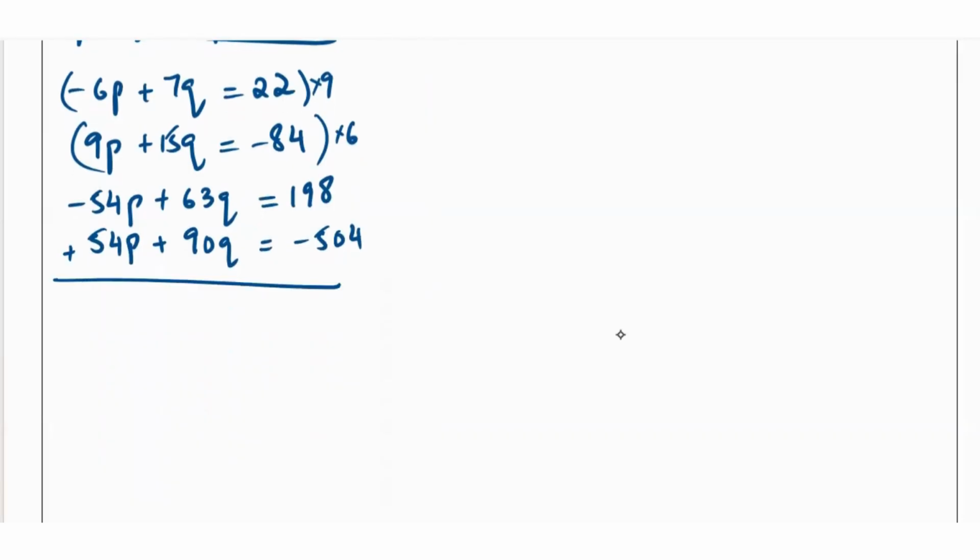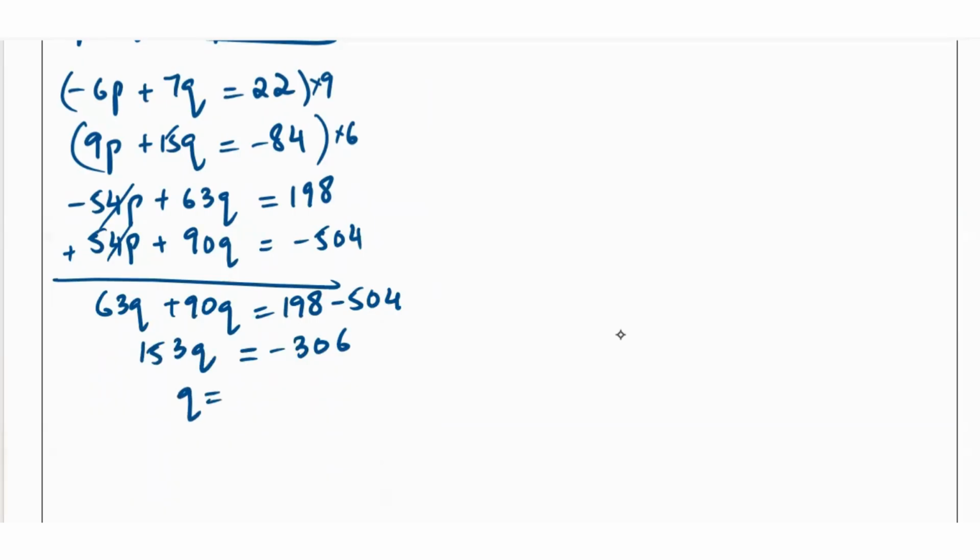We add the two equations to cancel out the P. So that's 63Q plus 90Q equals 198 minus 504. So 198 minus 504 is -306. And this is going to be 153Q. So Q is -306 divided by 153. That gives us -2 for Q.